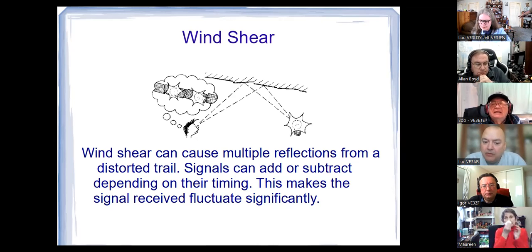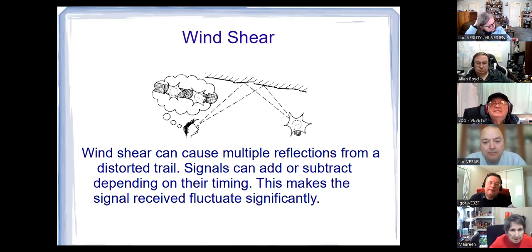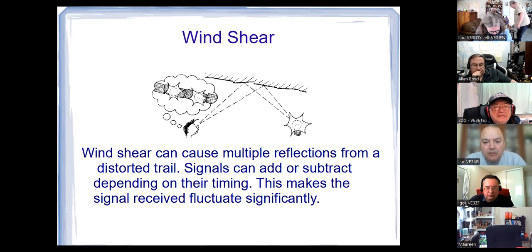Now, I have to also point out that meteor scatter is not the only thing in the sky that you might get a reflection off of. And you have to be able to see the difference. And I'll show you pictures of what I get on the radio receiver. I use SDRs for receiving.